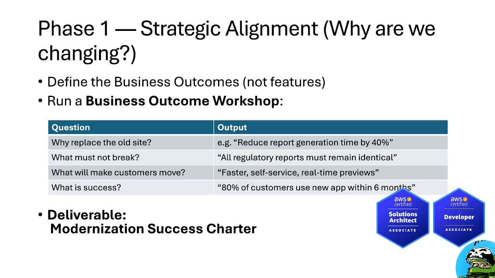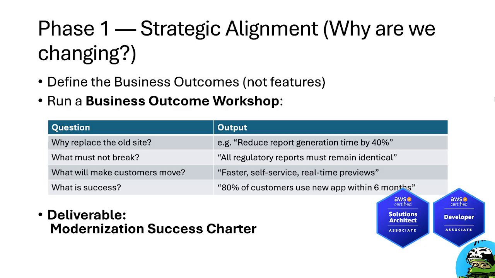And the output of that question will be to reduce report generation time by 40%. So we will make our new modern reporting web app's report generation very fast so that it can reduce the time by 40%. That is the goal. So that is what we're going to set for this phase. We're going to set the charter.